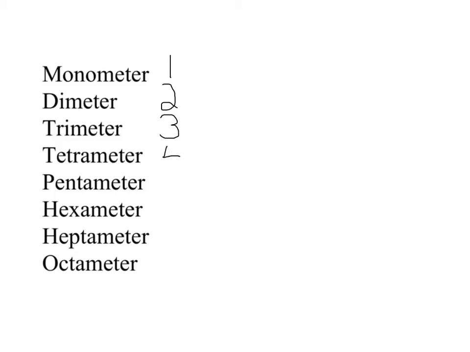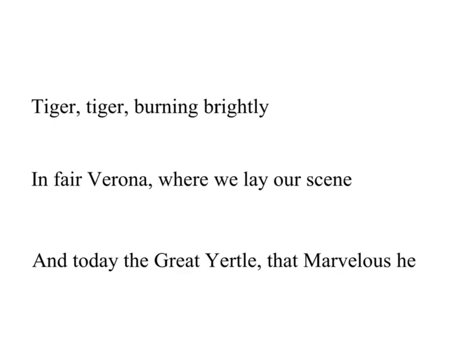And all the way down: tetrameter for 4, pentameter for 5, hexameter for 6, heptameter for 7, and octameter for 8. So now we're going to look at some examples and identify whether they're iambic or trochaic or anapestic or dactylic, and whether they're trimeter, tetrameter, pentameter, etc.